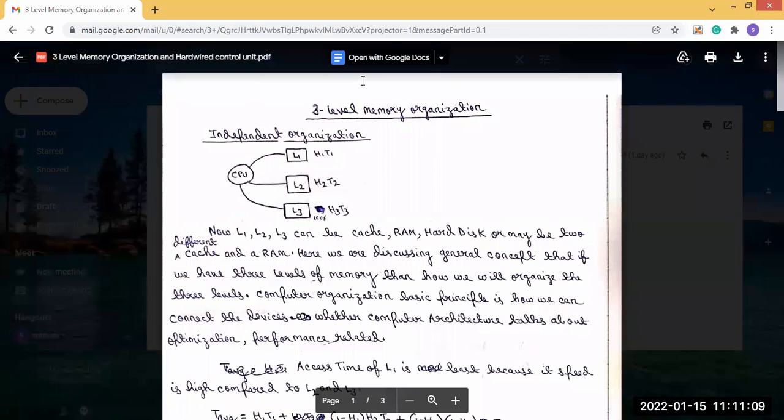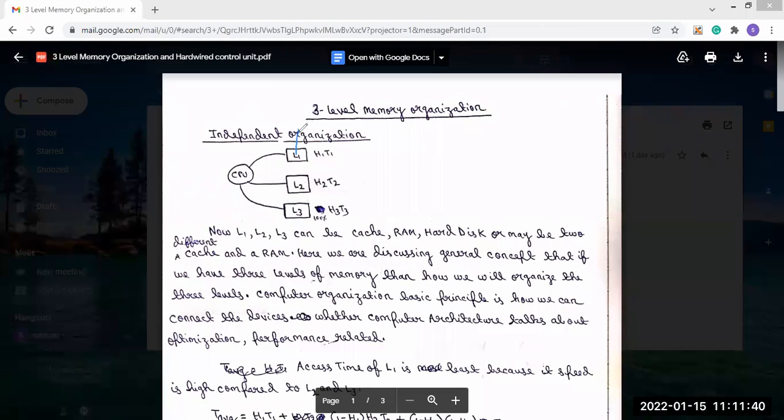But whatever device you consider, you have to remember one thing. L1's access time will be less, its storage is less, and its speed is more. L2's access time is more than L1, and it has more storage than L1, but its speed is less than L1.